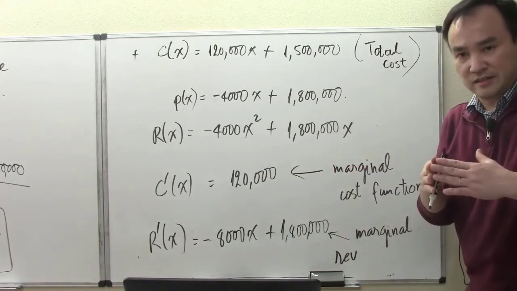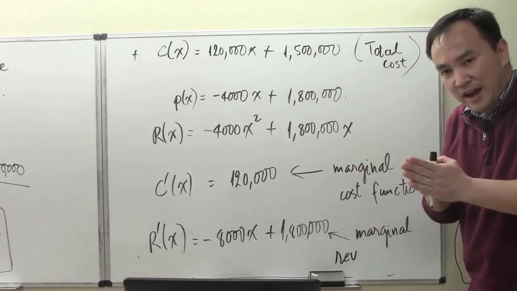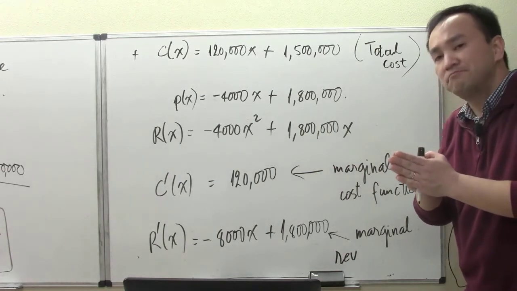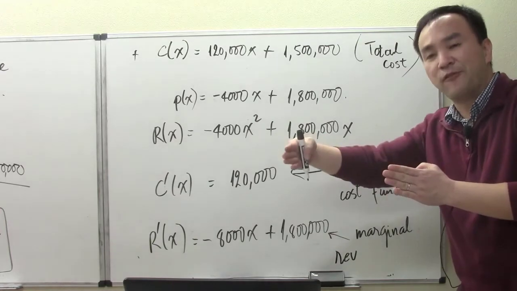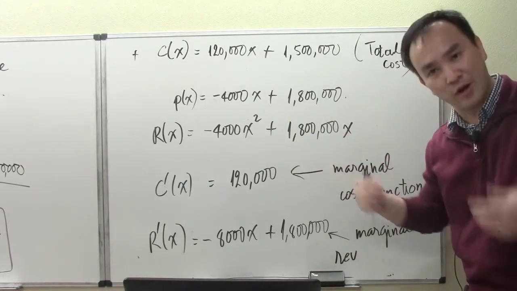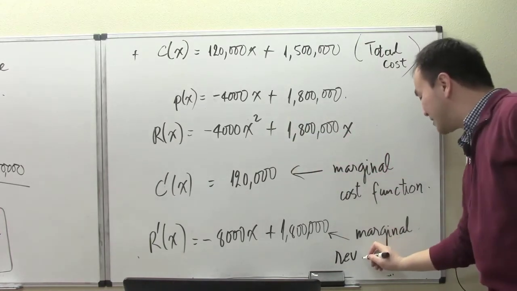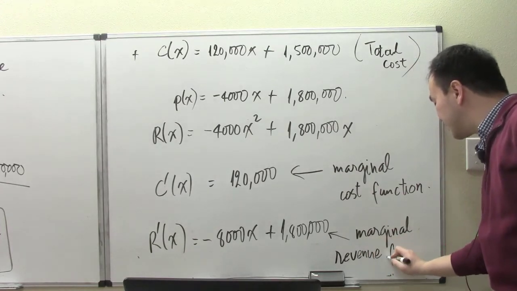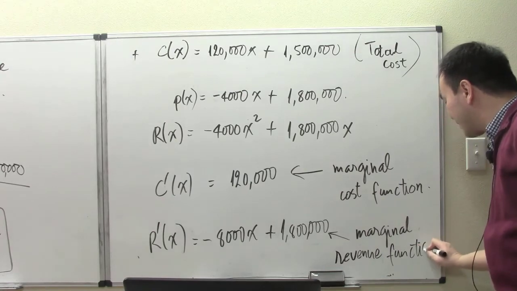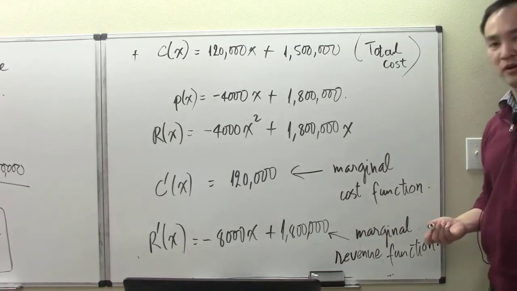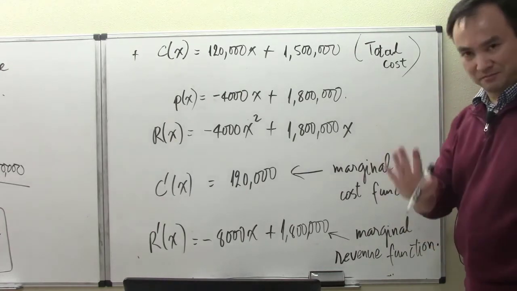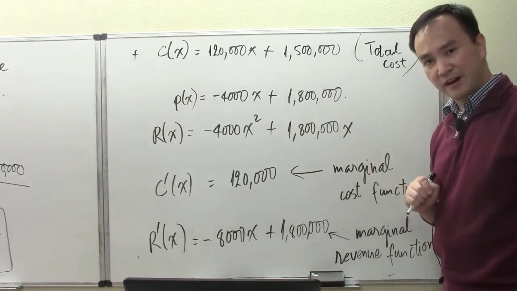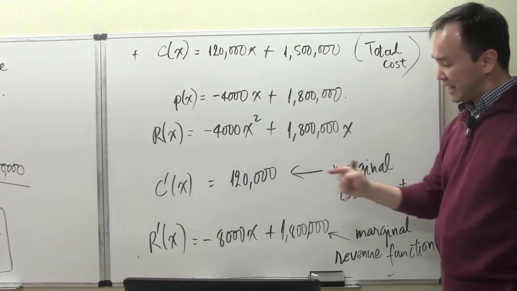Let's say they first plan 40 houses, and then they want to find out how much revenue they can bring in by selling the 41st house, making one more house and selling it. That's what it is. And so marginal revenue, but this is just a general function. That's what we can already do with just the information introduced in the beginning of our video lesson here. So that's R prime right there.